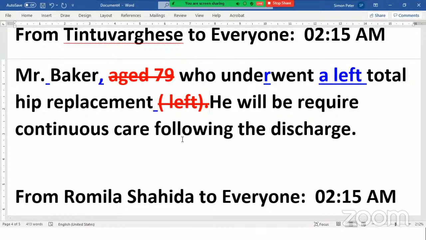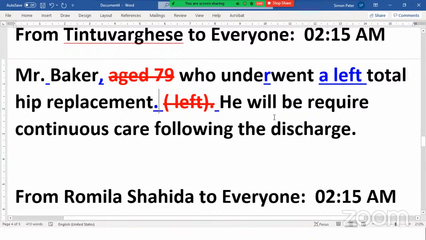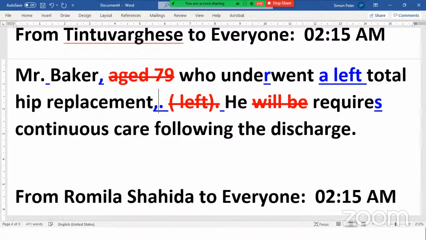Space after full stop. He requires continuing care. Following the discharge. Mr. Baker underwent a left total hip replacement. No need for a comma here.